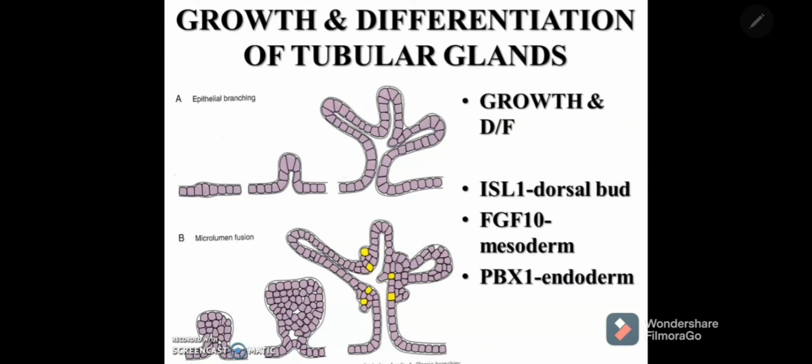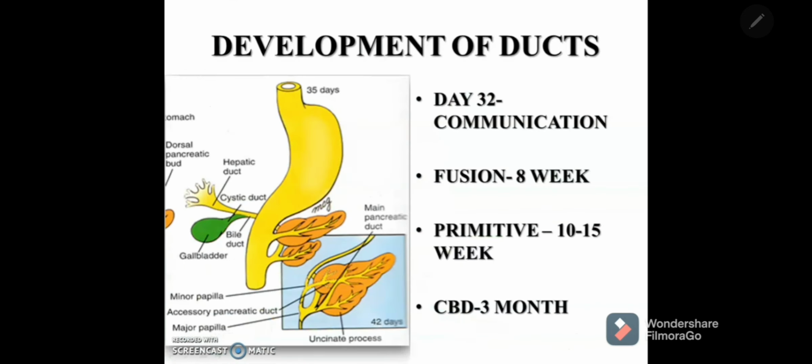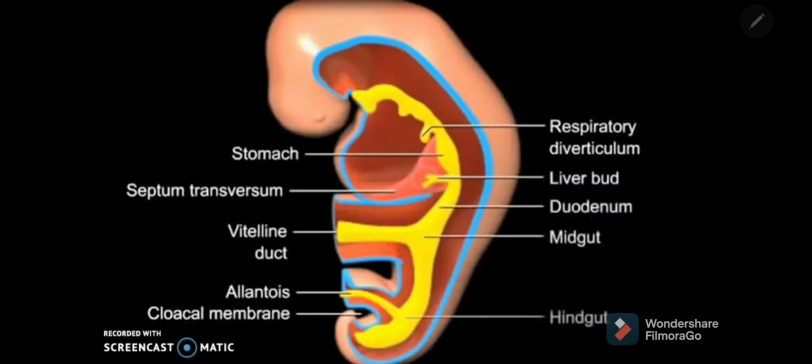When these buds fuse, there will be differentiation of the ducts under the influence of genes ISL1, FGF10 and PDX1, and they result in the formation of the glands, which are derivatives of the epithelium, the exocrine part, and this fusion happens around 7 to 8 weeks. You can see there, if there is no axial rotation, the ventral pancreatic bud lies ventral to the duodenum or to the right side of the duodenum, resulting in annular pancreas.